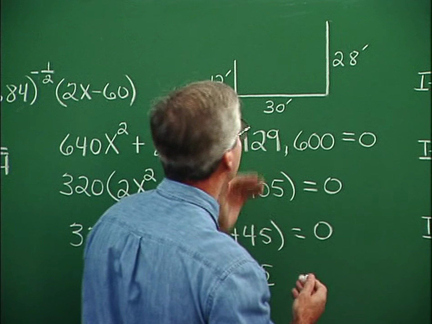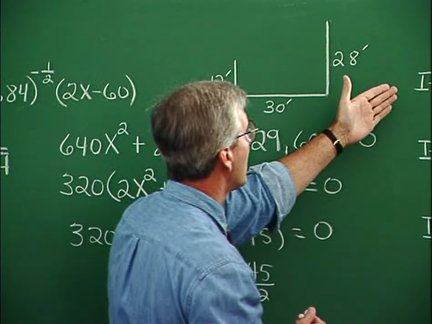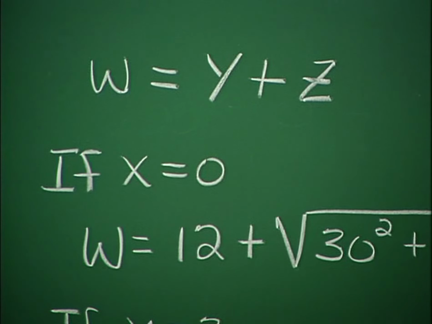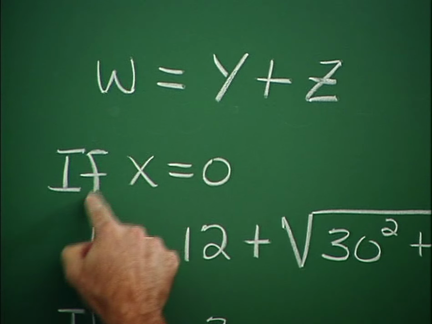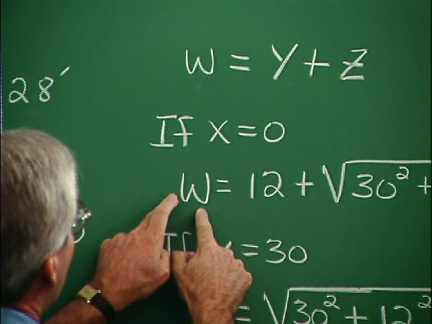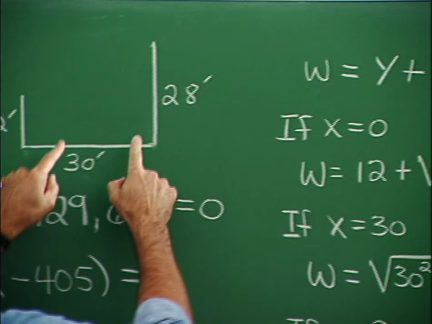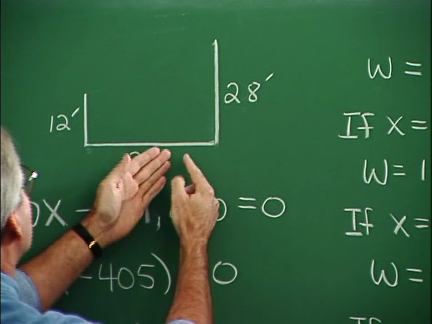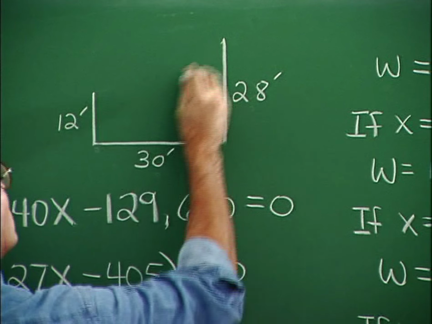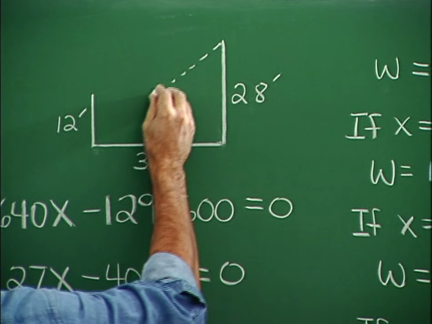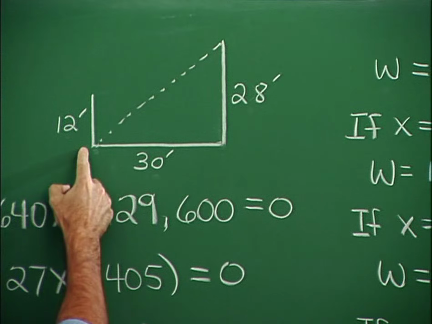So we have to consider those situations in this problem. So let's do that. Let's consider the idea that x is 0. We start with the idea that w, the wire, is y plus z. Now if x is 0, what is w? Well, come back over here. I have something for it over here. But remember, if x is 0, then the x is clear over here under this post. And so the y distance is just the length of this pole. It's 12.